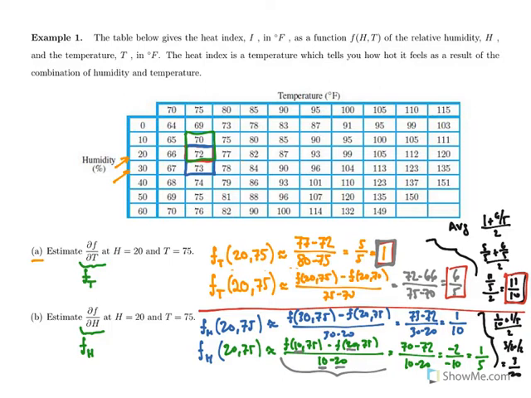But that's going to be different for different values that we have. And if we increase the relative humidity by 1%, we should increase the temperature by 1/10 of a degree, or 1/5 of a degree, or 3/20, depending on which value you want to use. In this case, we are increasing with respect to humidity and temperature.